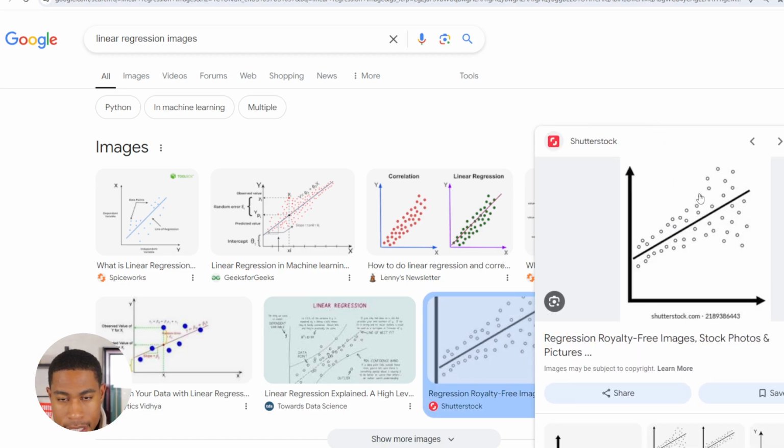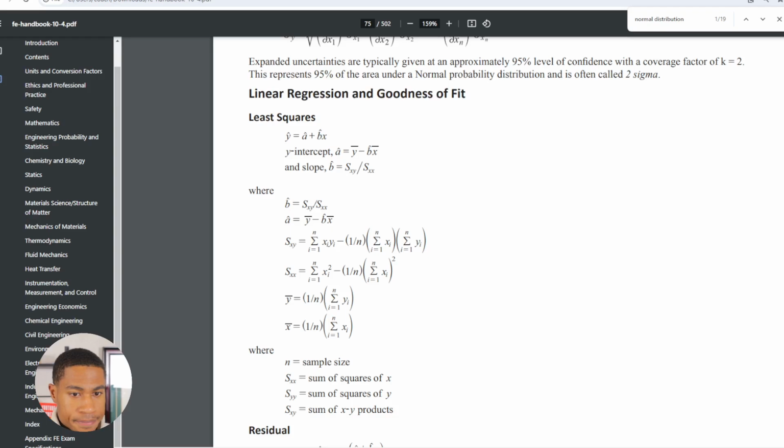All right, so you may have all these points plotted, and linear regression is basically you drawing a line that best fits that data. By creating that line, it's going to equal y is equal to a plus bx.